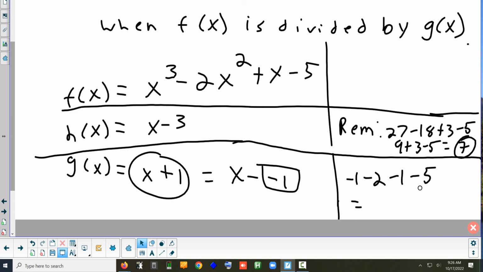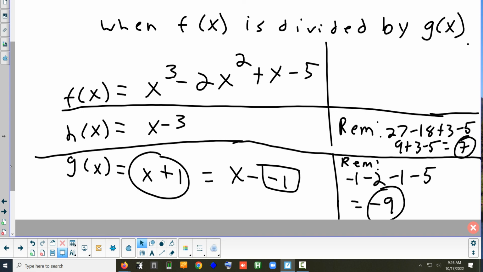Negative 4. Minus 5 more? Negative 9. So the remainder, when you divide by x plus 1, is negative 9. Ultimately, it means it is not a factor. Just to reiterate, what you're doing there is substituting in that 3 value for the root x.